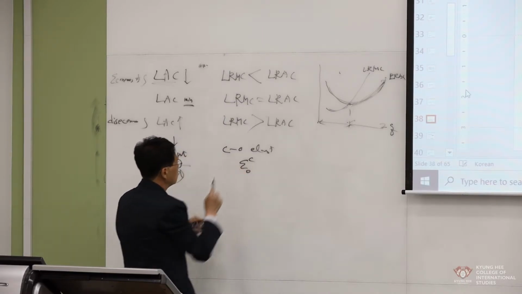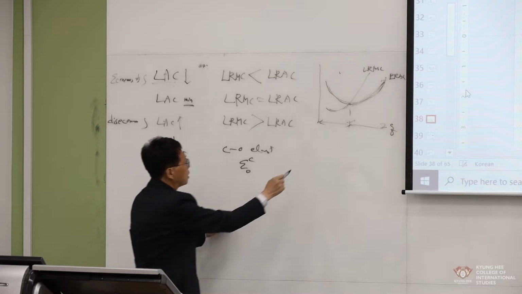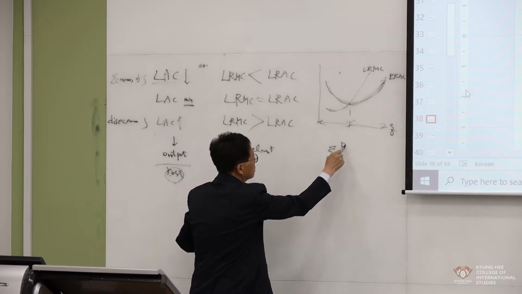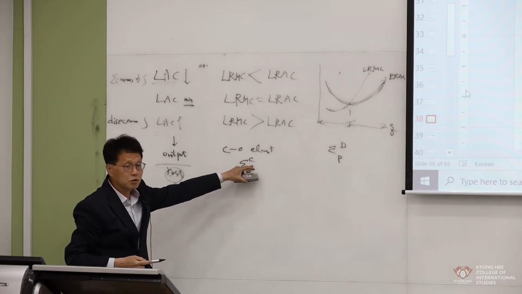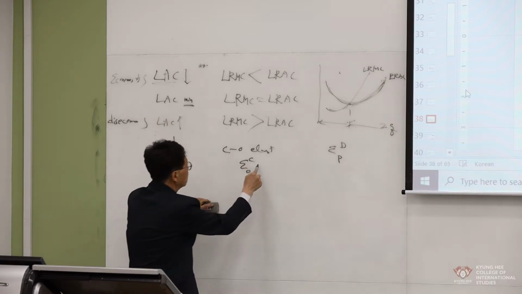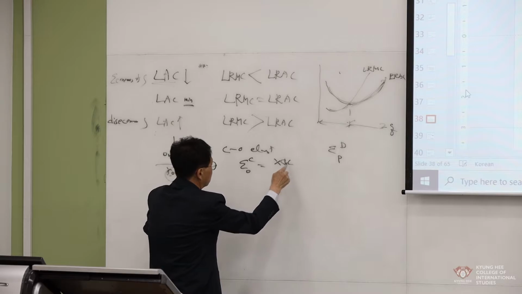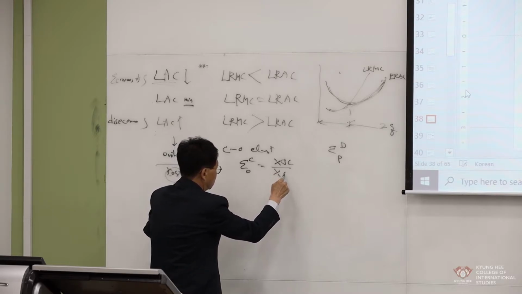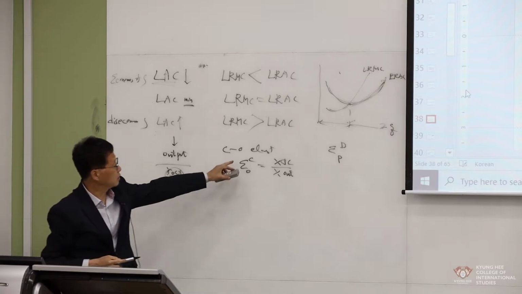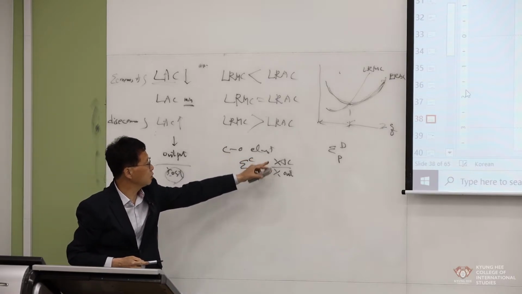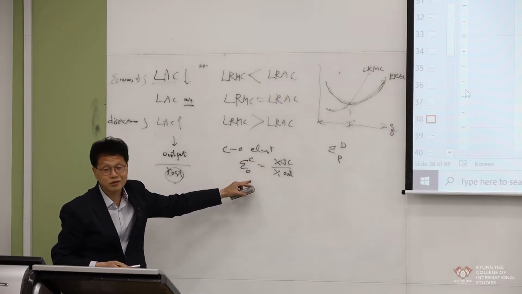Now think about price elasticity of demand. Similarly, output elasticity of cost means percentage change in cost over percentage change in output. That is the definition of cost output elasticity or output elasticity of cost.